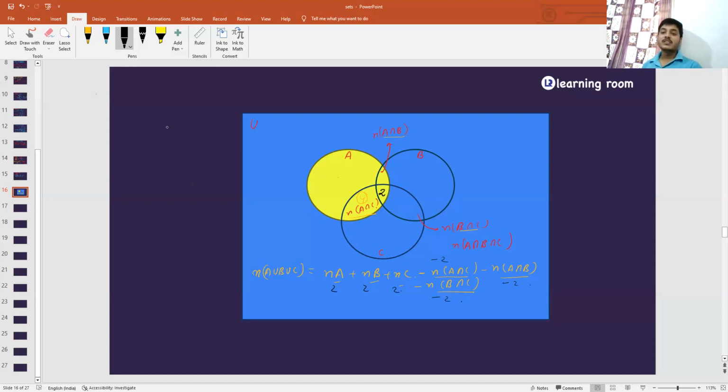Now, is it there in the equation? So what we'll do, we'll add this A intersection B intersection C once. And now my equation is completed. Check this, everyone, and let me know if you have got it or not. Understood the fault? Now I'll eat my chocolate myself. Got it? Write it down. So this is the formula for 3 sets.